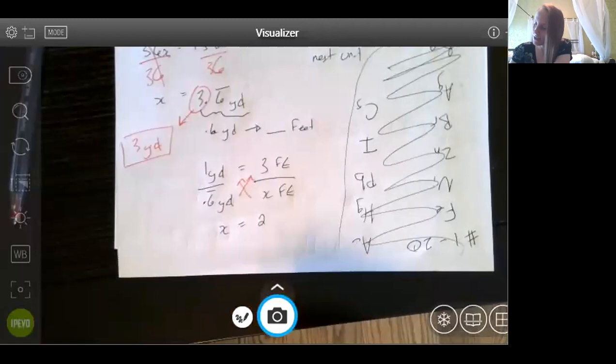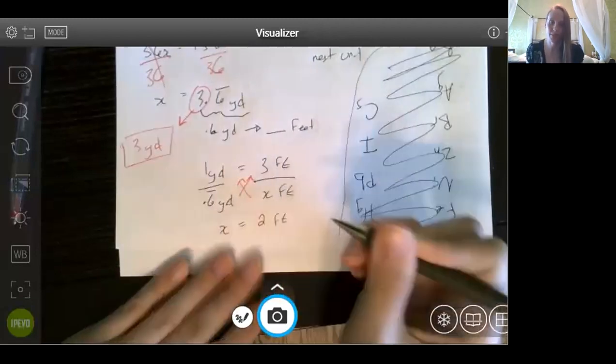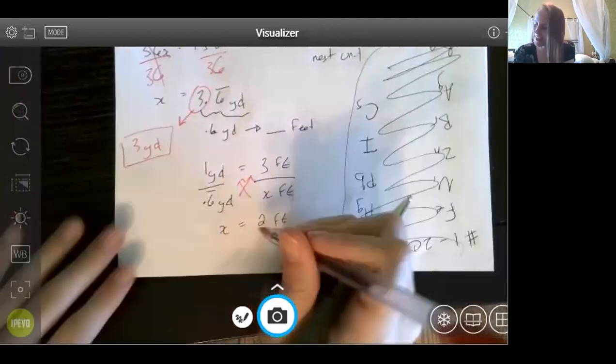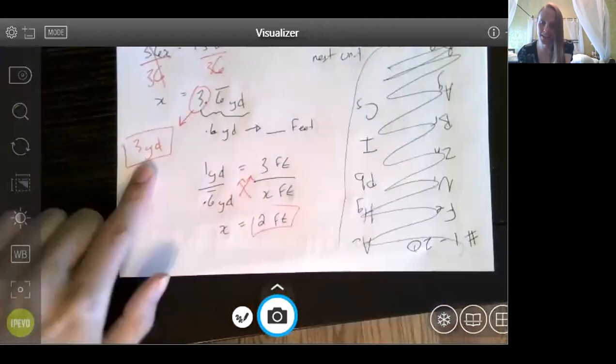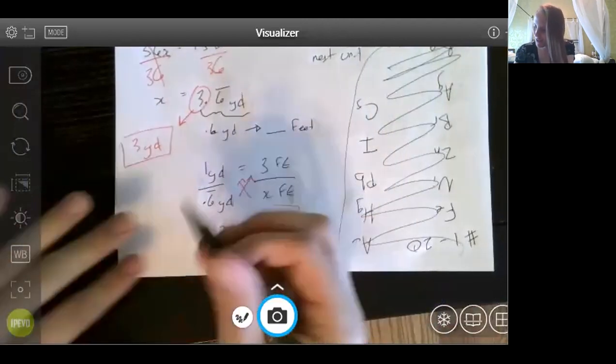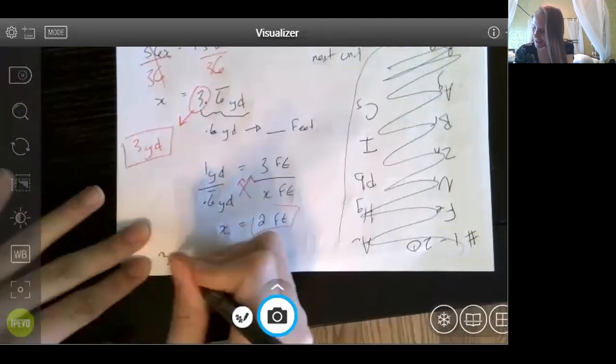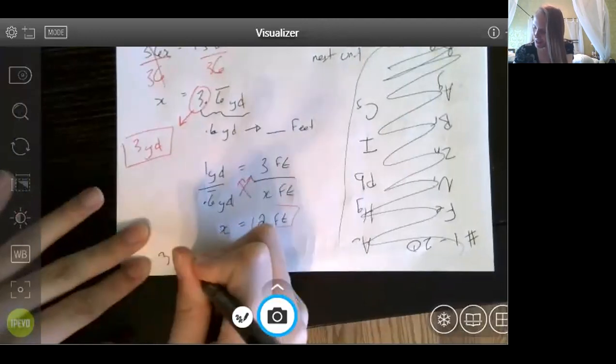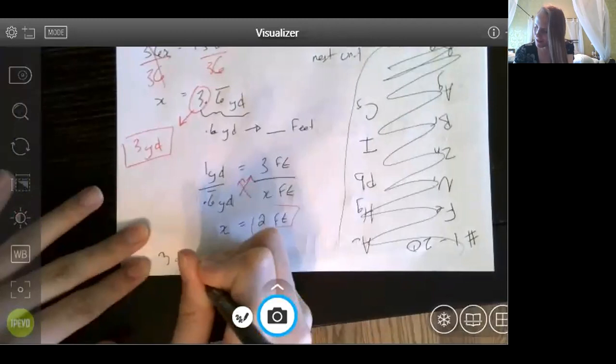So it is 2 feet. And so for my final answer, I just put my 3 yards and my 2 feet together. My very final answer is just 3 yards, 2 feet.